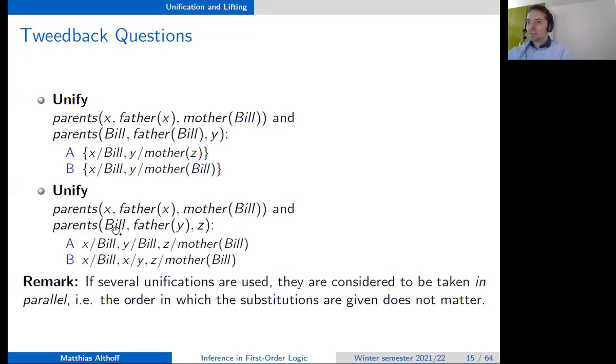And here we have Bill, father of, because we replace Y with Bill, father of Bill, and then mother of Bill. So then both are the same. That's why A is correct. And B is already not correct because you're replacing X with two different things, which is not allowed. You can only replace one thing with another thing, but not have two possibilities for one variable.